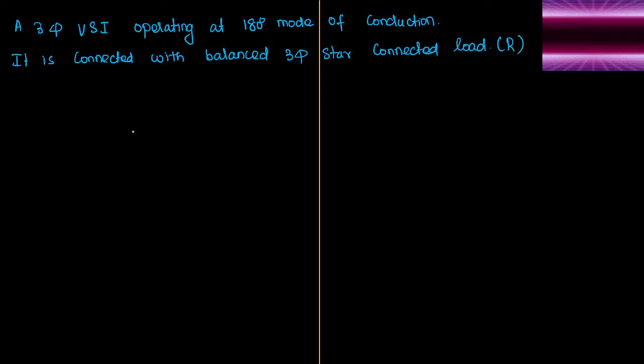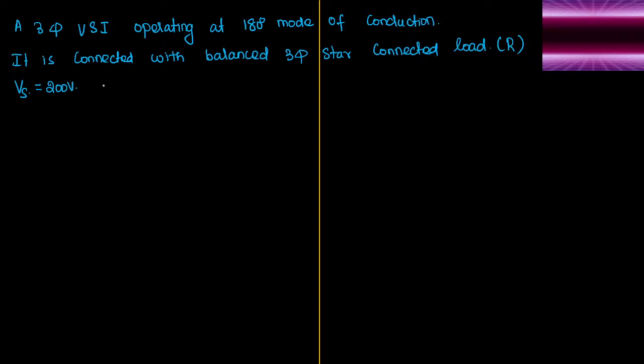Now the question is, the supply voltage is Vs. Then the peak of the fundamental component of the phase voltage is dash. See, the supply voltage Vs is given, that is 200 volts.